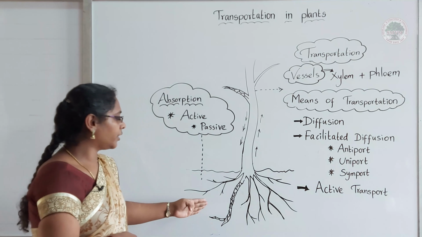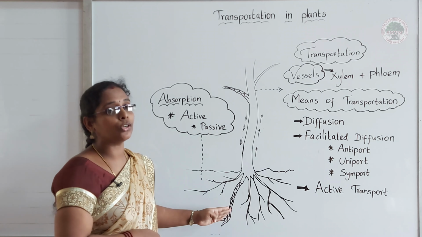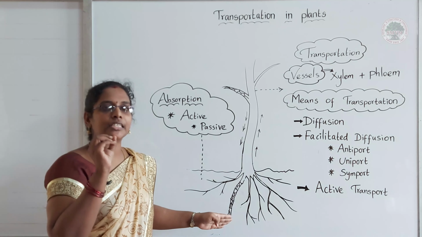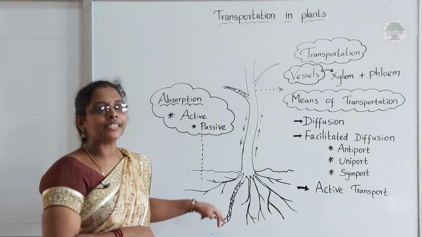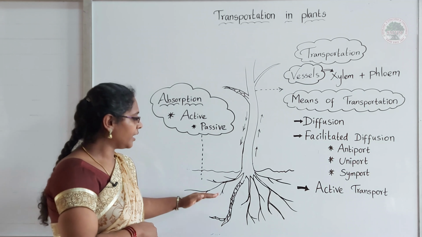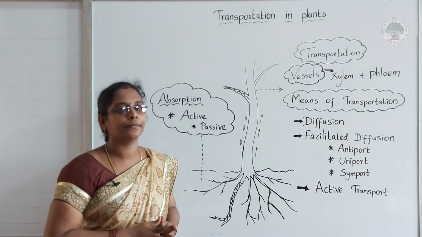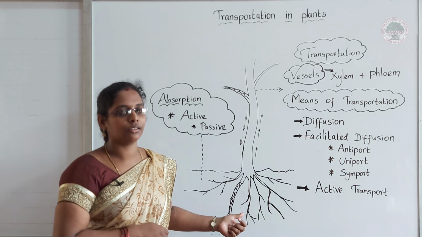Now the concentration of water is more in soil but less in root cells. Because of that, a slight pressure is created in the root cells. As a result of this pressure, the water is pushed towards the cell. This process is also called diffusion.